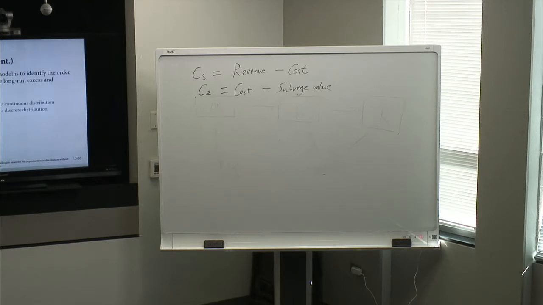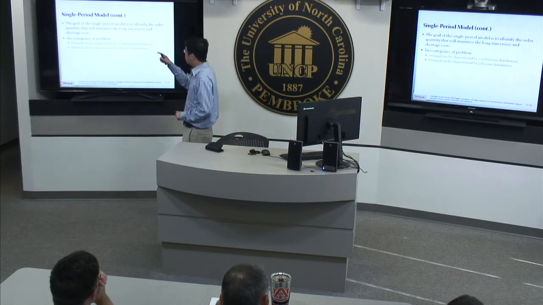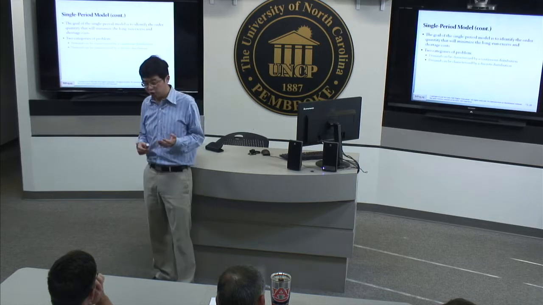the model. So the goal for this single period model for the newsboy is to identify the optimal order quantity that minimizes the long-term excess and shortage costs. So there are two different categories of the single period model. One depends on the distribution of the demand.